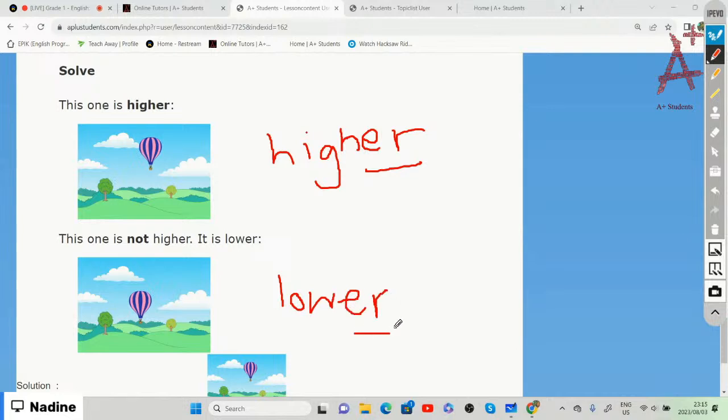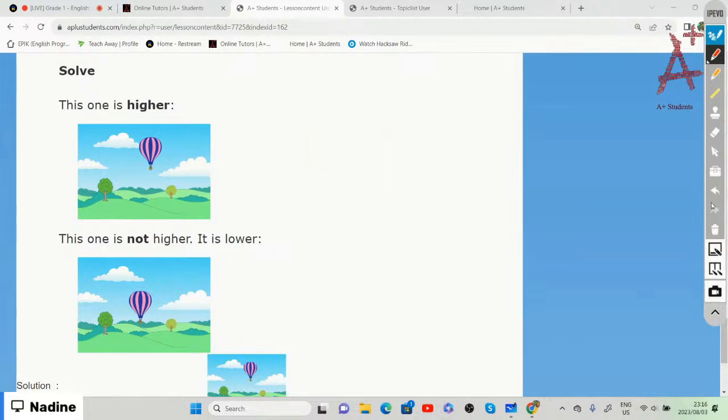The bottom one is not higher than the top one. This one is lower than the top one. The top one is higher than the bottom one.